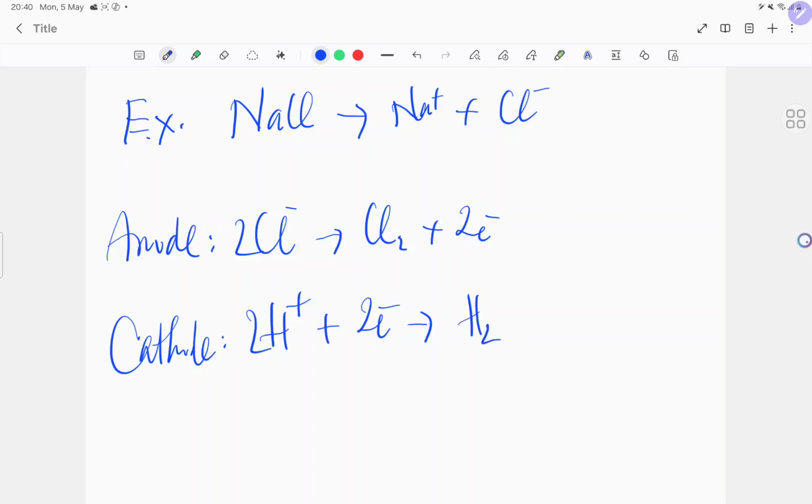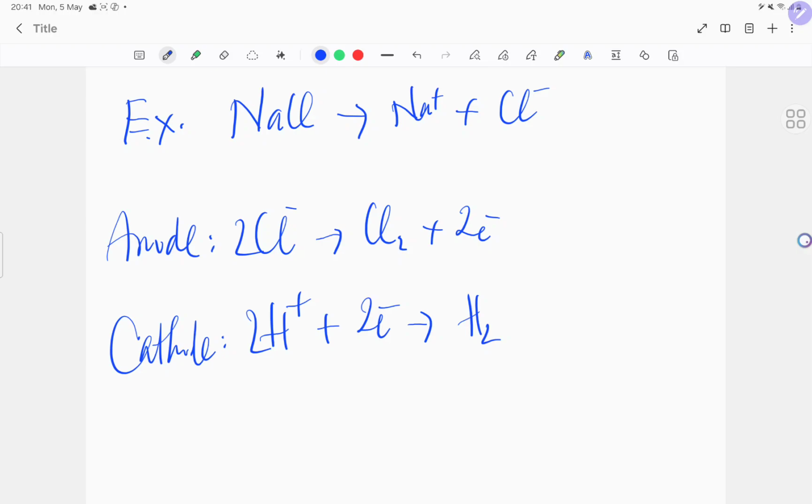So hydrogen ion will be reduced to hydrogen. We decide it based on the reactivity of the metal. Sodium is a very reactive metal, way more reactive than hydrogen. So the H plus ion will be reduced first to hydrogen. So I have to remember the whole reactivity series?